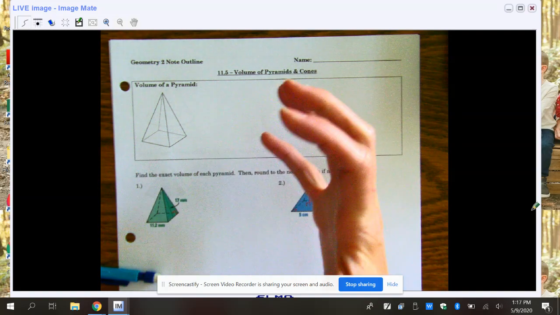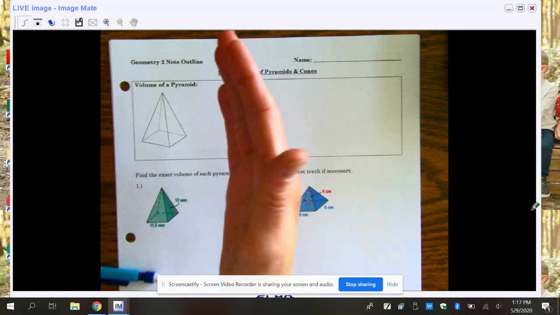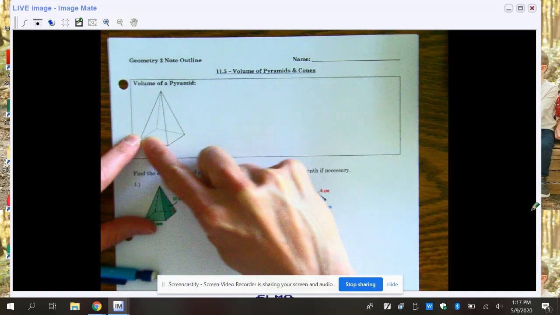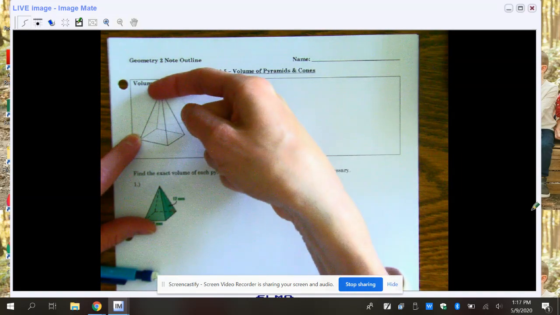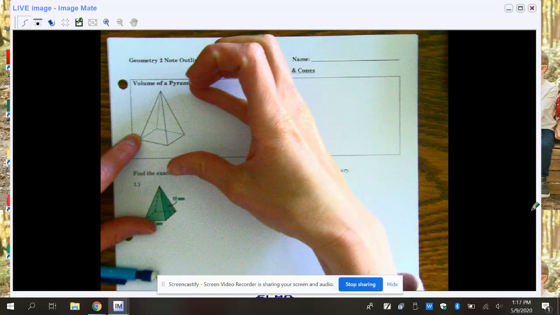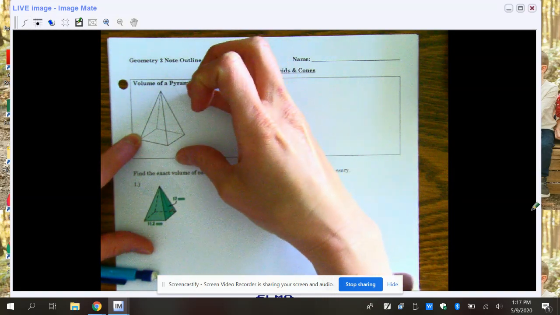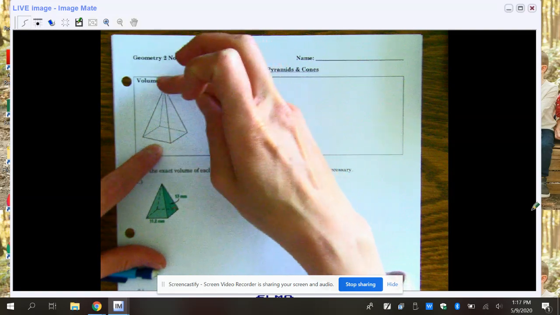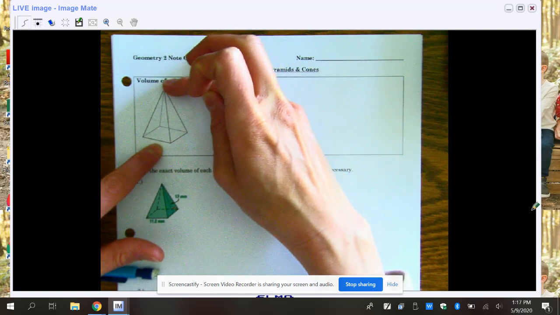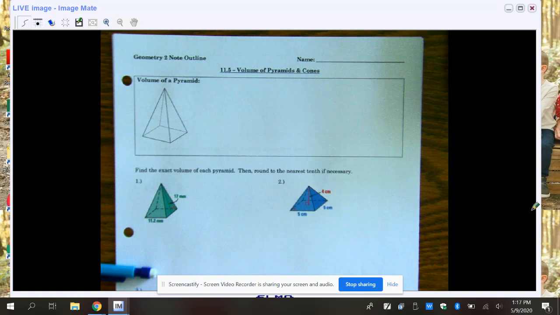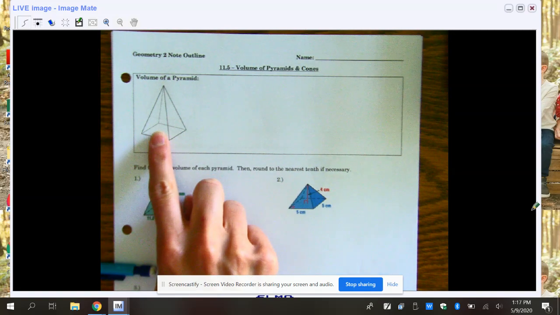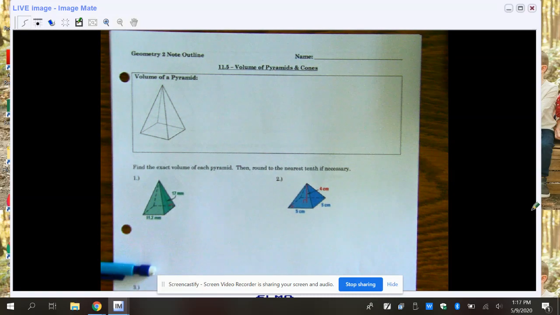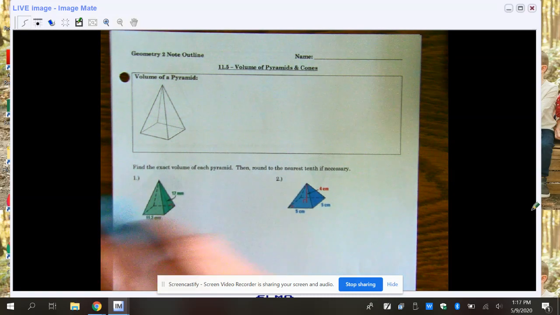If I took a rectangular prism with the exact same base and the exact same height and filled it with water, and then I were to use a pyramid with the same base and the same height as that prism, you would find that it contains exactly 1/3 of its similar rectangular prism.